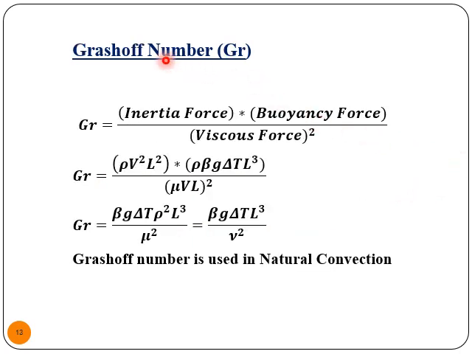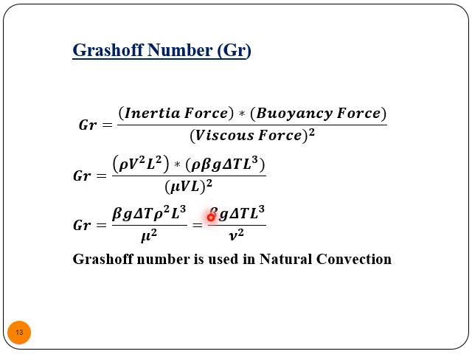But there is another number which is called as Grashoff's number, which is given by inertia force into buoyancy force by viscous force square. So if you simplify this, finally you will get an expression which is beta into g, where beta is the volumetric coefficient of thermal expansion or coefficient of thermal expansion.